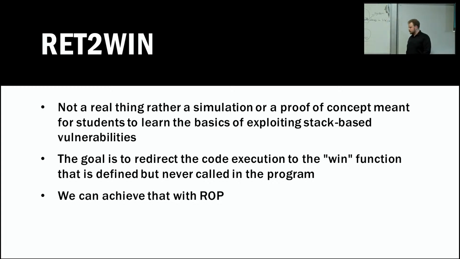And how it works is that you have an obvious buffer overflow in a function, and your job is simply to redirect the code execution to a win function that is defined in the binary but is never called. So the idea is to call the function that's never called. That, of course, is not a real-world scenario, at least it shouldn't be, but it is a proof of concept for how to get started and how stack-based exploits work.